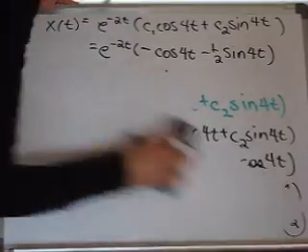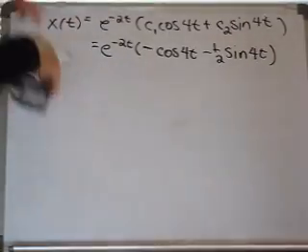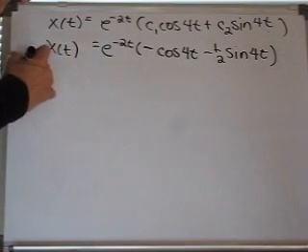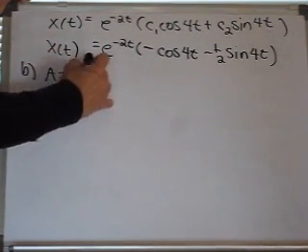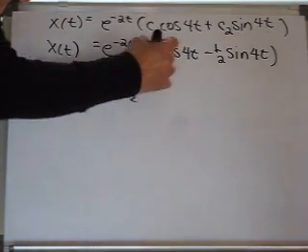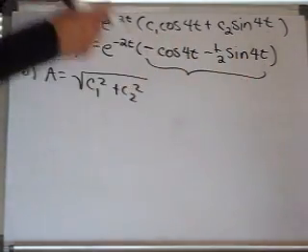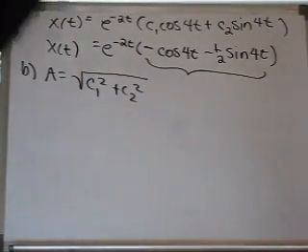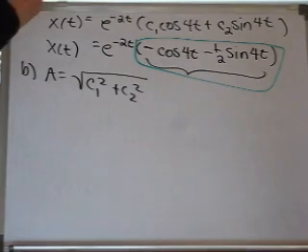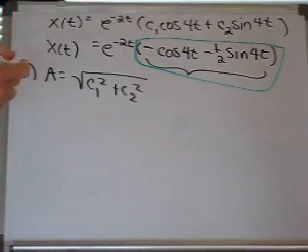Okay, so for part B, to put this into phase amplitude form, the amplitude is going to be the square root of c1 squared plus c2 squared. So it's just the sine and cosine part that I'm changing into phase amplitude form. The e to the negative 2t factor will stay the same.